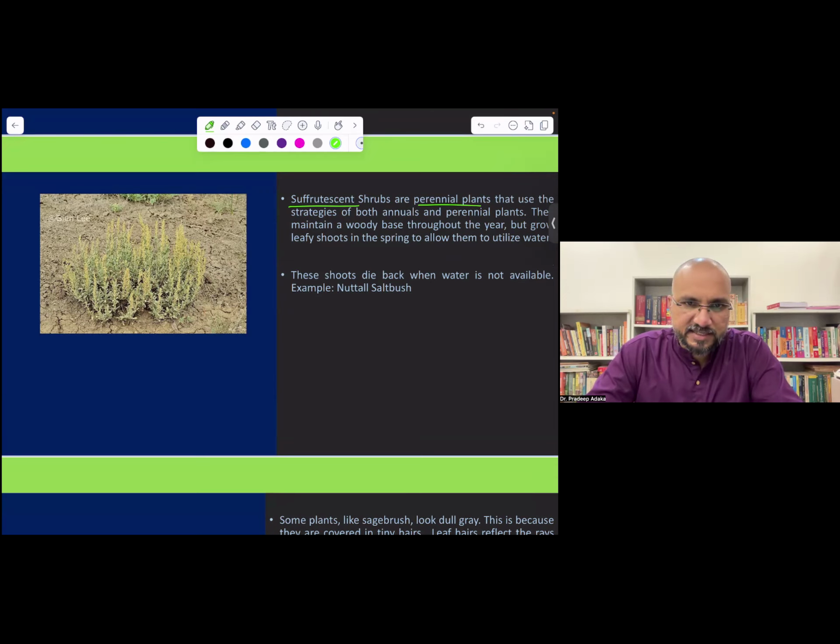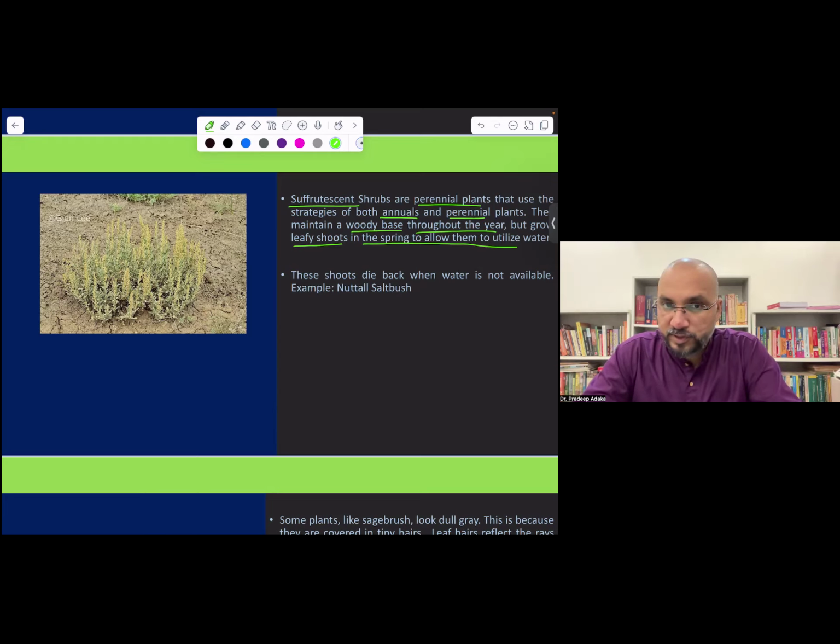So they have strategies of both annuals and perennial plants. So they have a woody base. So the base of the plant is woody throughout the year, but they grow leaves or leafy shoots in the spring to allow them to utilize water. So two types of stems are there.